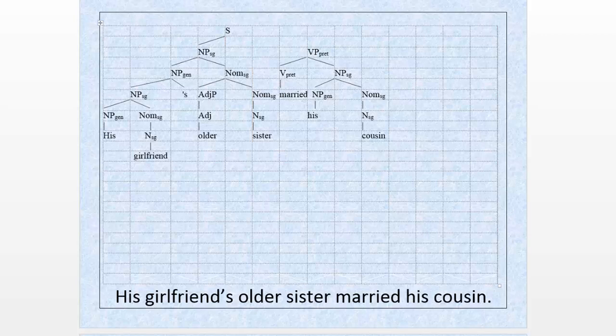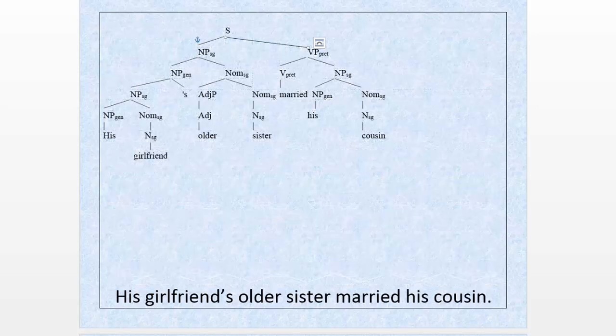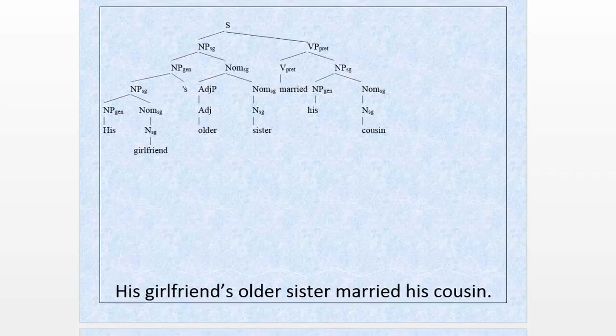Let's do that real fast. There we go, and we should be good. Let's check it out and make sure it all looks good. His girlfriend's older sister married his cousin, and that would be the structure for that sentence. Hopefully that gives you enough practice so that you're able to draw tree structures with these genitive noun phrases.